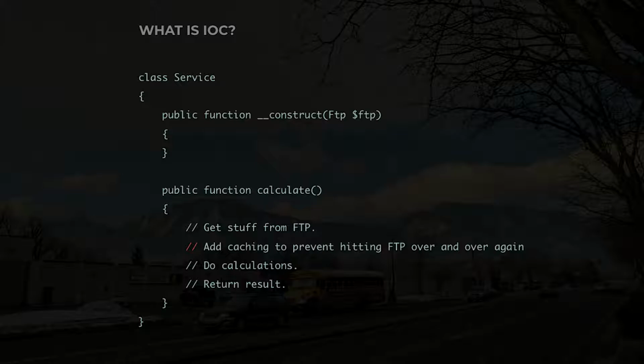But then the client comes in, or the customer, or whatever actor in the company, and says, well, we are hitting this FTP server a lot every time we do this calculation, so we might cache this FTP file locally and prevent hitting the FTP server over and over again. Naturally, this gets assigned to some developer, and the developer says, oh, this is where the FTP connection is happening. This is where we get the file.